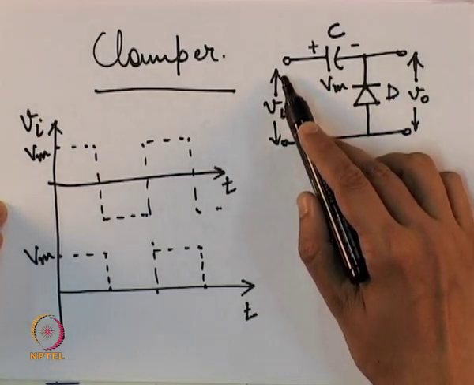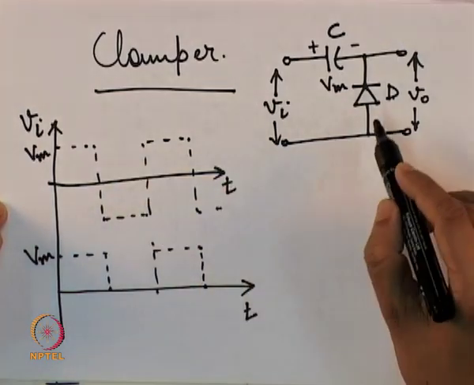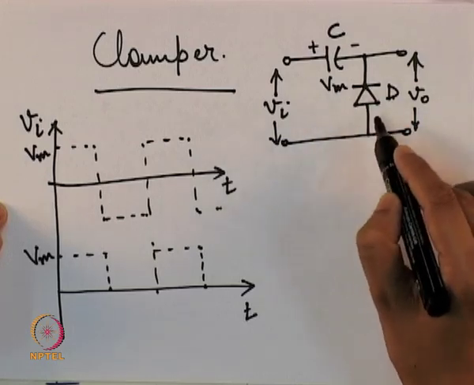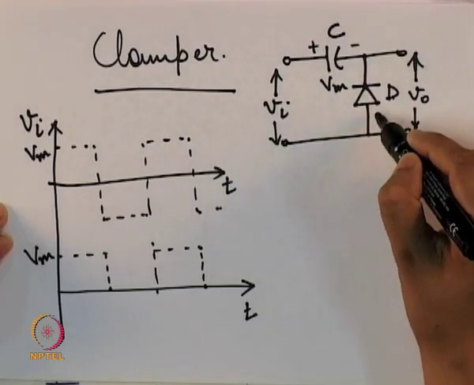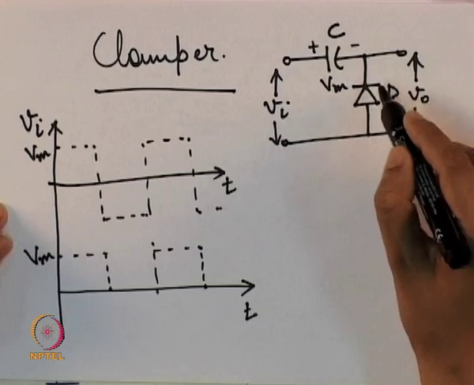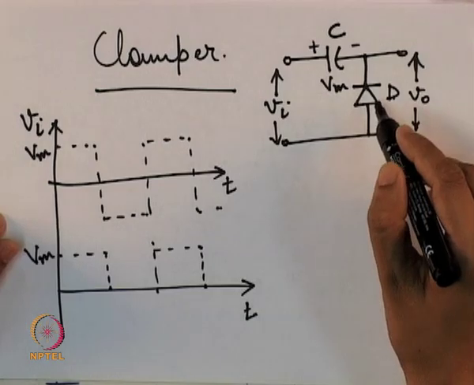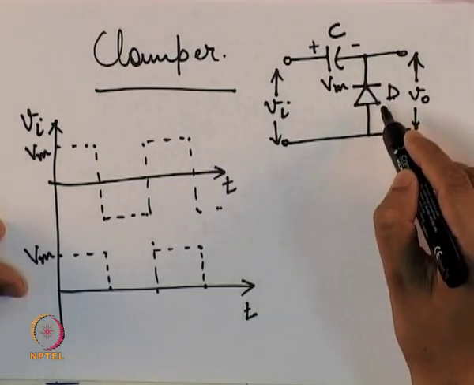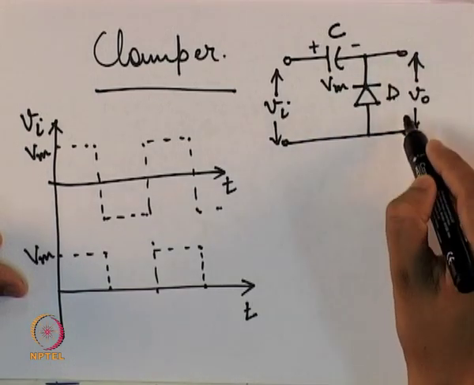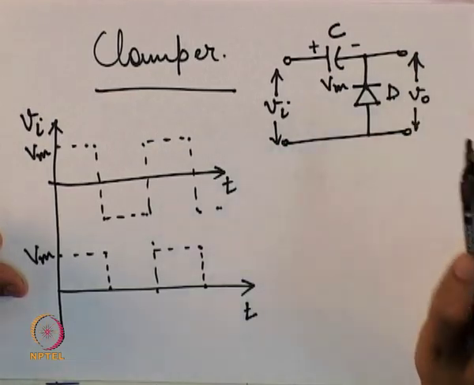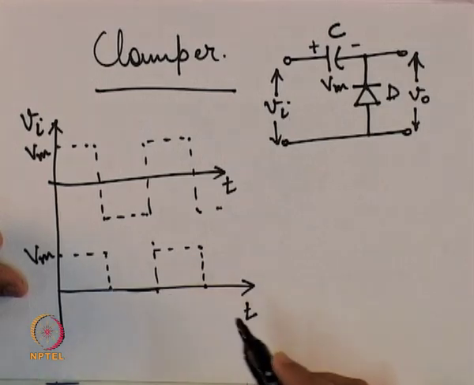So, instead the negative voltage that appears across Vi will be transmitted to this diode D, and once this terminal becomes more negative as compared to this terminal, what will happen is this diode will go to the forward biased mode. Once this diode goes to the forward biased mode, this terminal, the voltage Vo, will be shorted, and that is the reason we see a short appearing here.